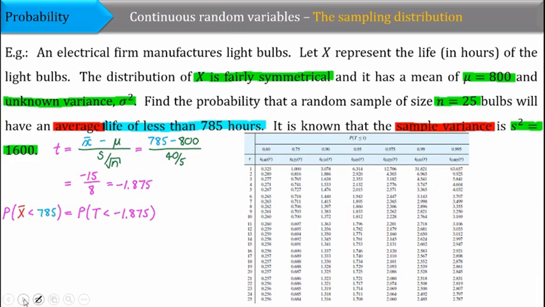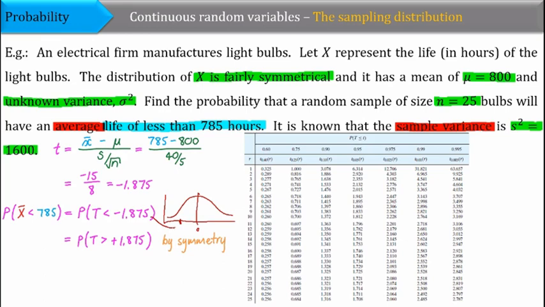Now, if we look at the probability calculation over here, it's less than negative 1.875. So we have a negative t over here, but we don't have negative t on our table. So by symmetry, we can look at the probability of being greater than positive 1.875. Here we have negative 1.875.